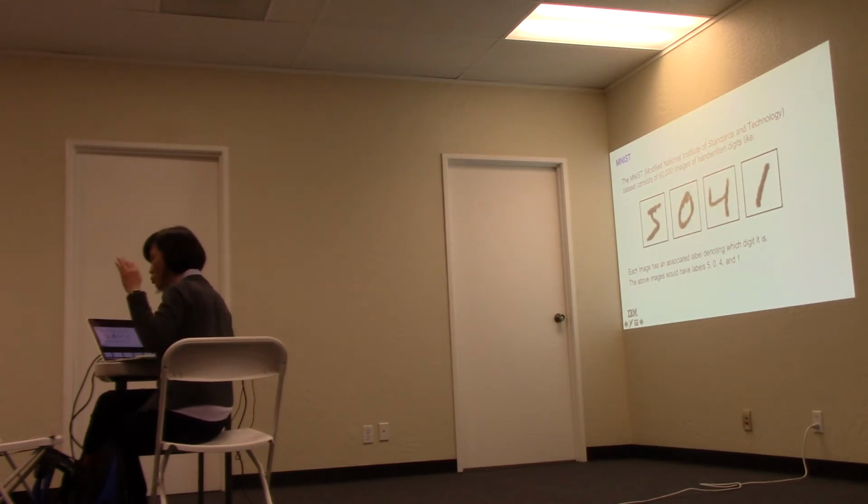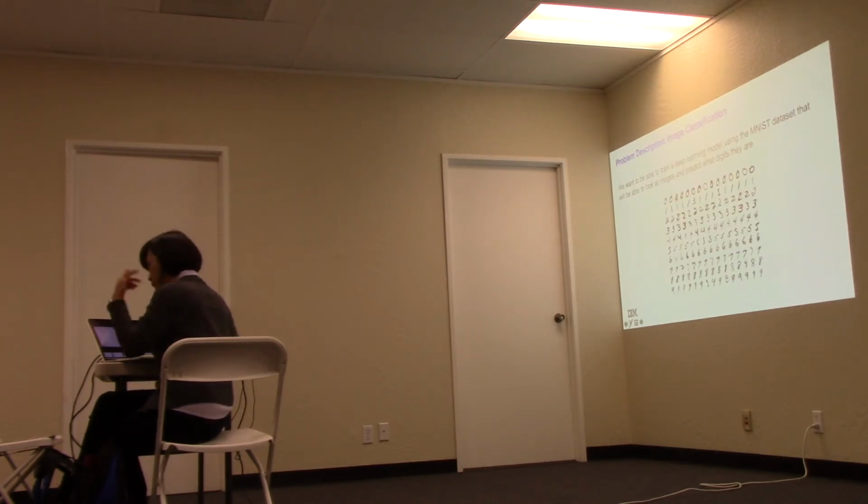That is what we will use as our input data. In the data set there are digits 0 to 9, all handwritten. People write differently, and that's what we have.